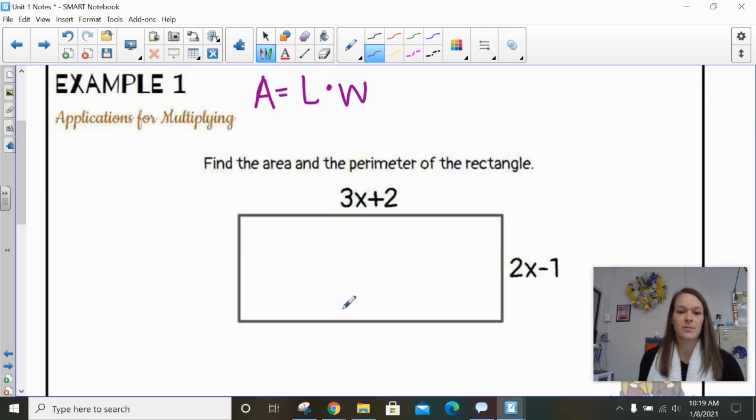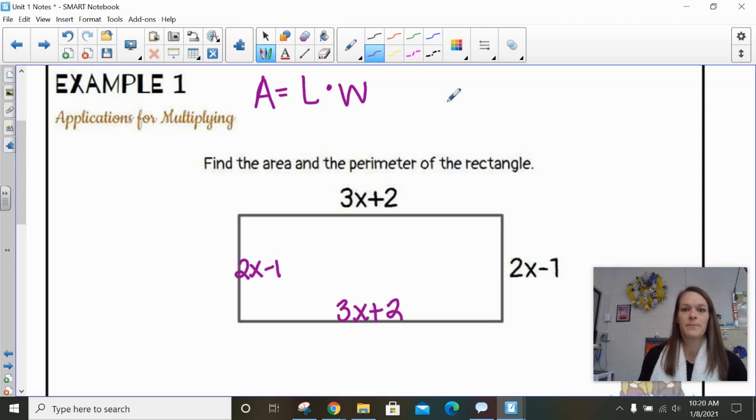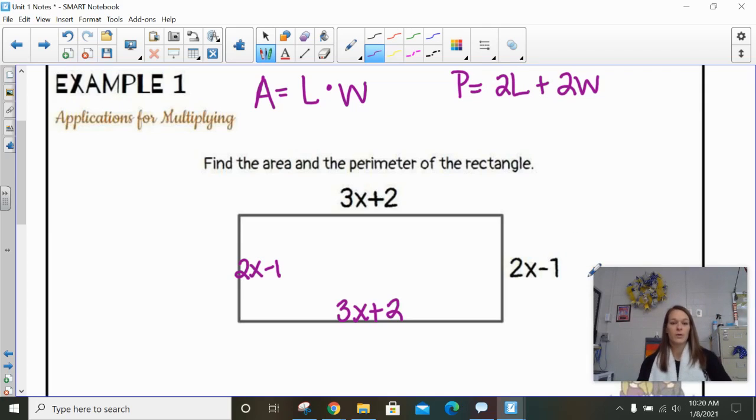So if this one's 3x plus 2, then so is this one. And if that one's 2x minus 1, then so is that one, okay? So for perimeter, it'll be 2 times your length plus 2 times your width, okay? So it's wanting us to find the area and perimeter of this rectangle.